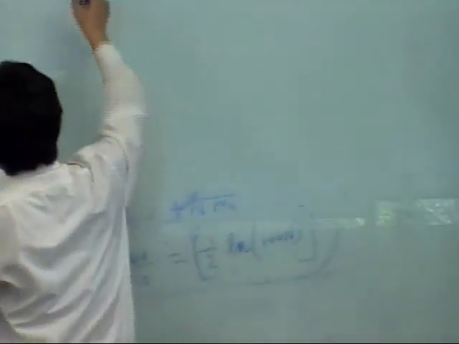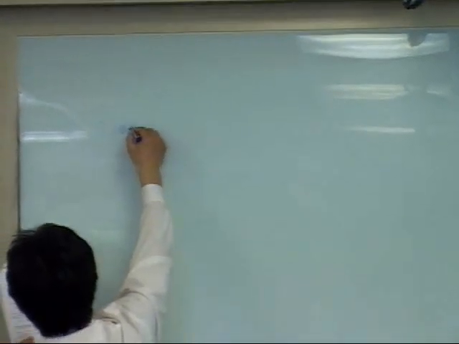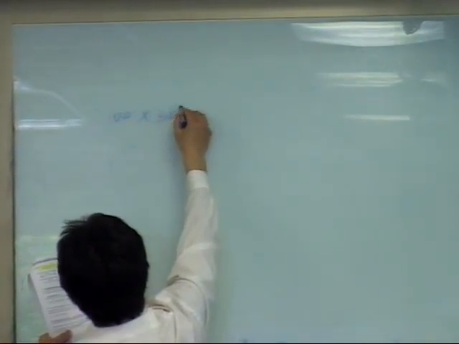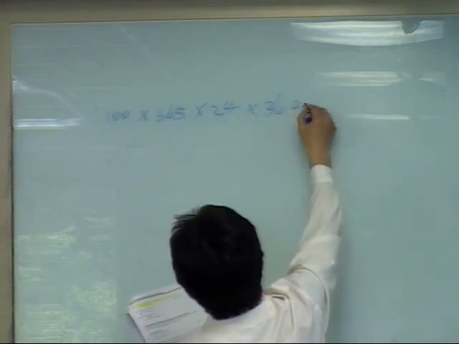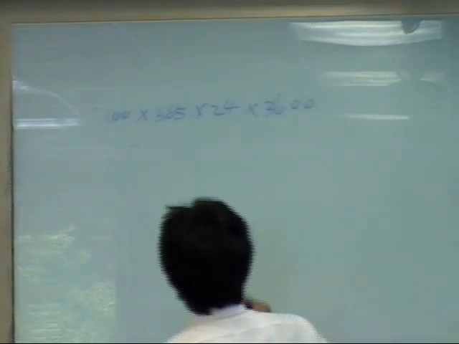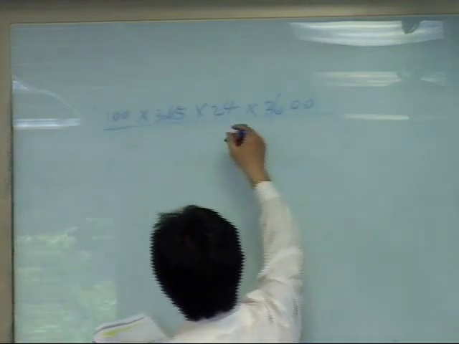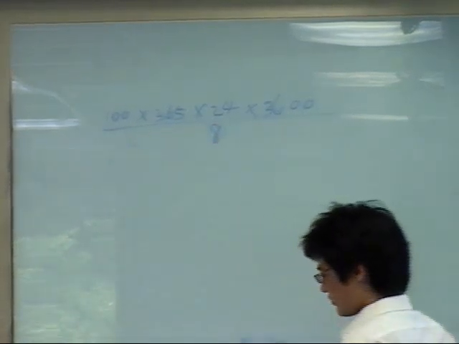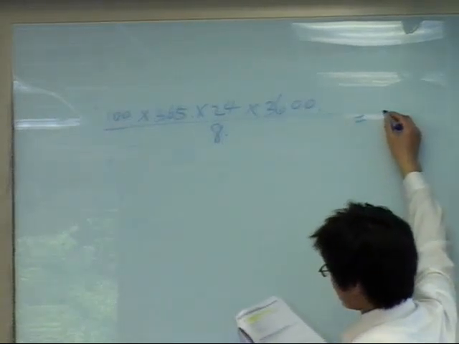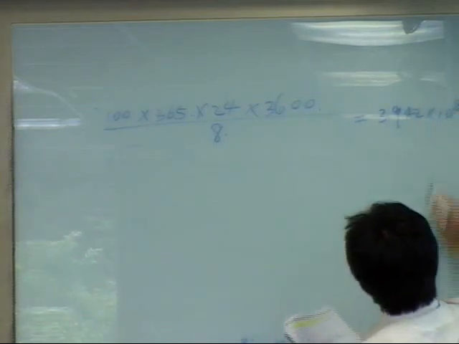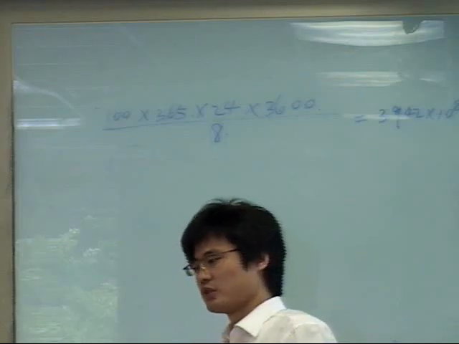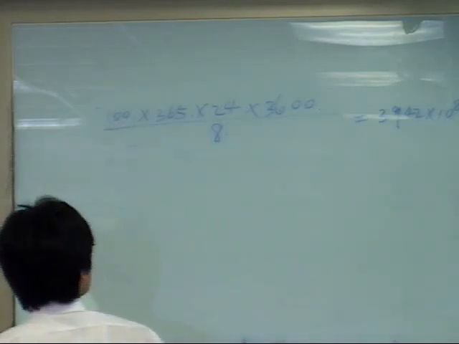If we have a 100-year requirement, it's called a 100-year wave in this scenario. 100 years times 365 days, 24 hours, and this many seconds divided by the average wave period, let's say 8 seconds, will give us the number of waves that the structure will encounter during its life.